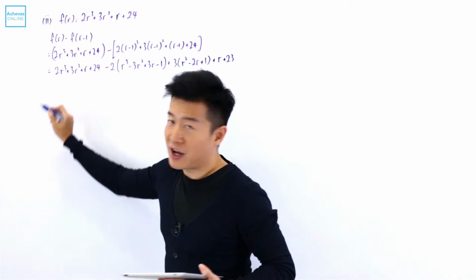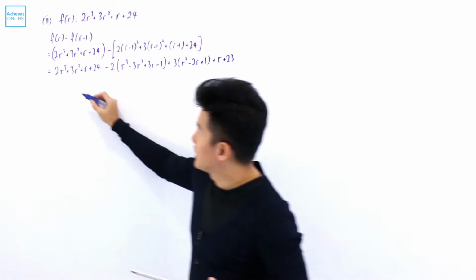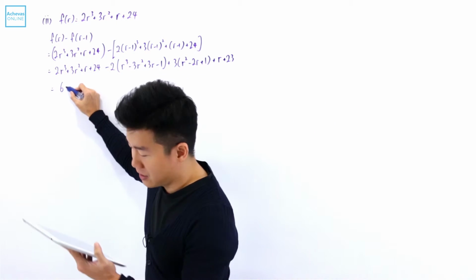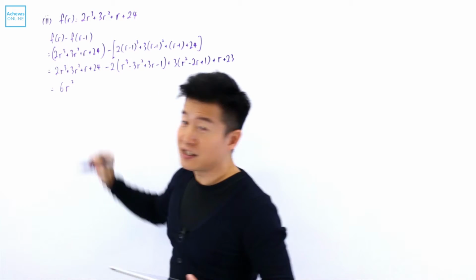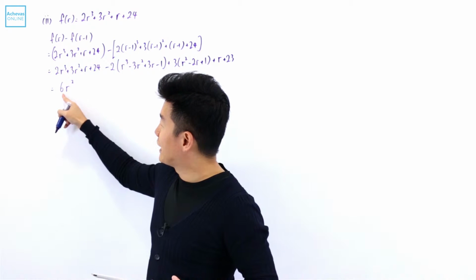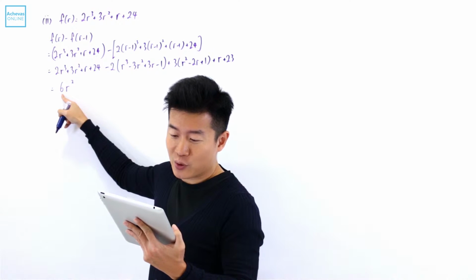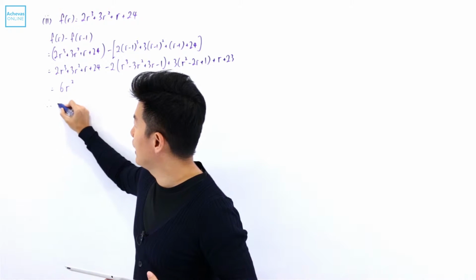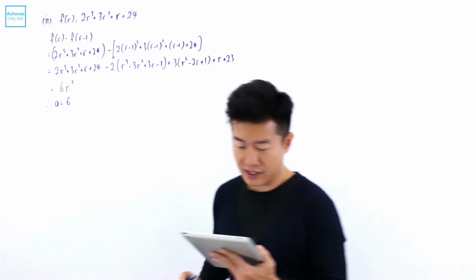And if you were to simplify all this, you are going to get just 6r squared. And this is what the question wants us to prove. And 6 here is definitely the a that the question has shown. So a is going to be equal to 6.